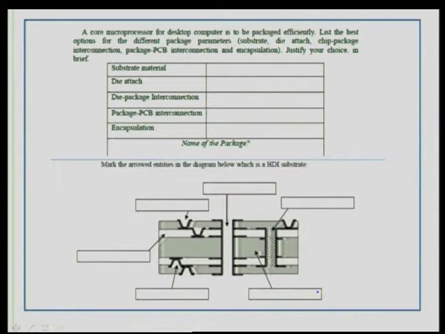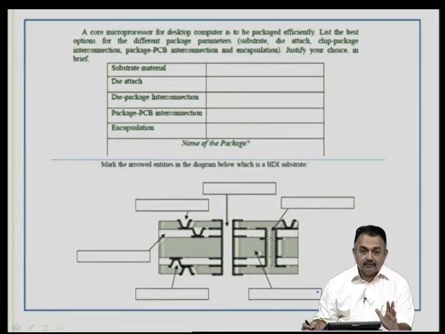Now, we look at the next problem, which states that there is a core microprocessor for a desktop computer, and that has to be packaged efficiently in terms of thermal and electrical issues.